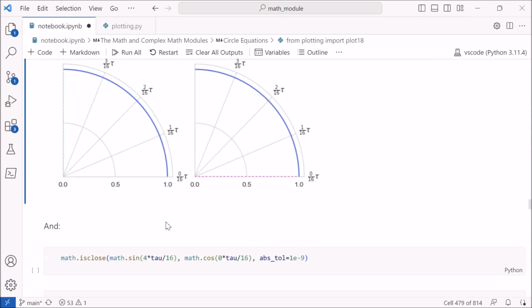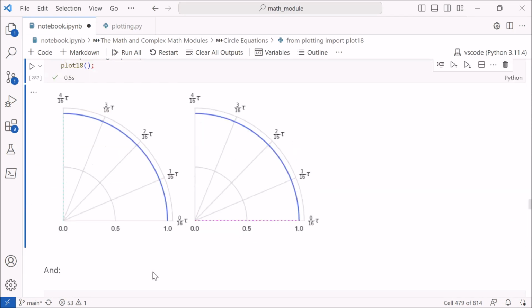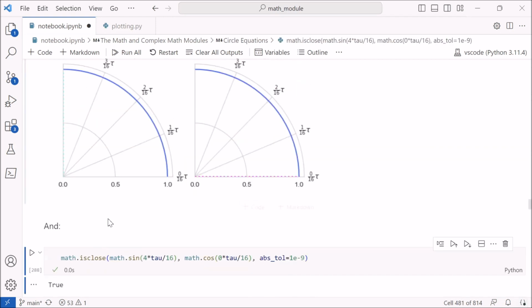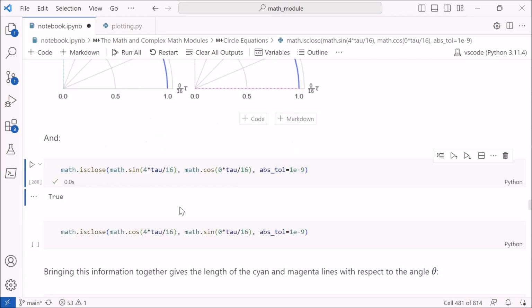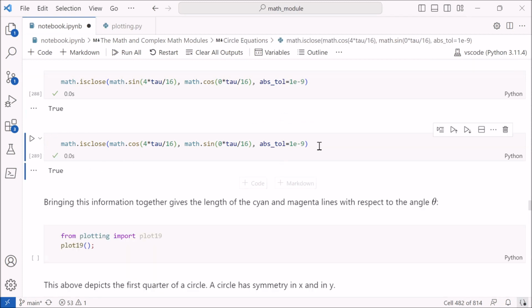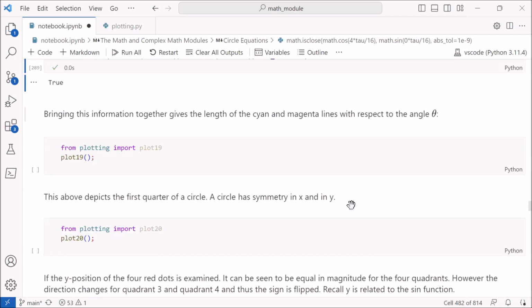So we can check essentially whether this value is the same as this, and they should both be 1. And we see this is true, and we can check the other value. So this should essentially be 0 along x or 0 along y. And we get true once again.